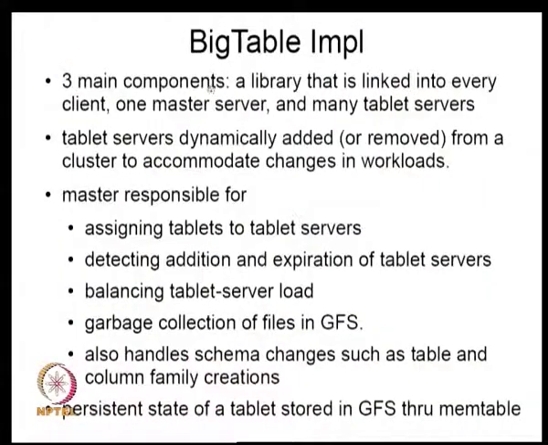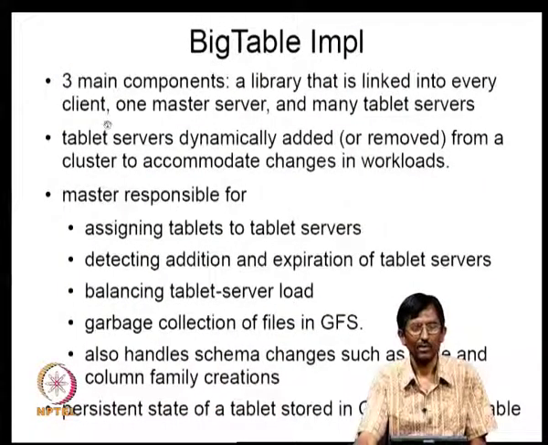So, just as a summary, if you look at what we discussed previously, the Big Table has three main components: a library that is linked into every client, a master server, and many tablet servers.